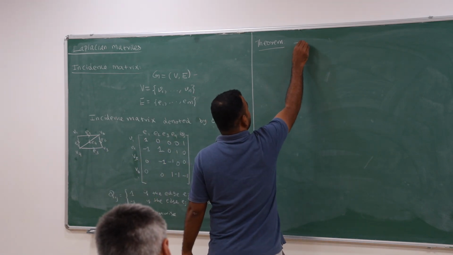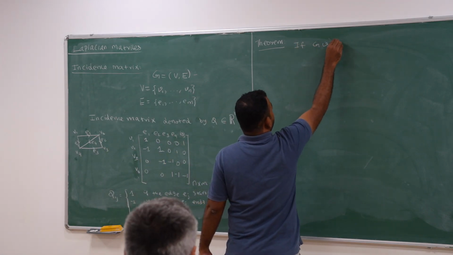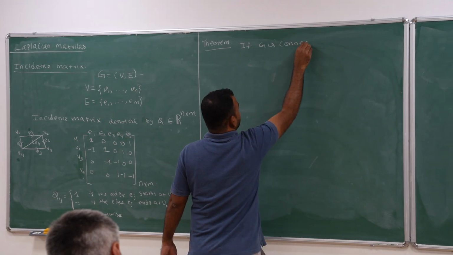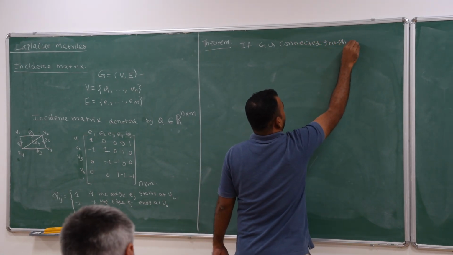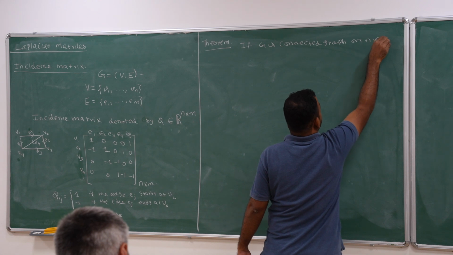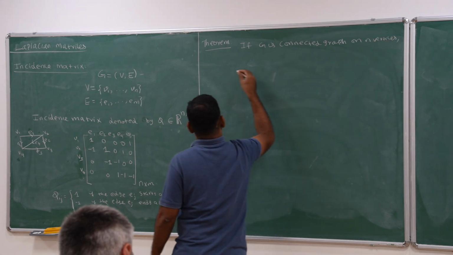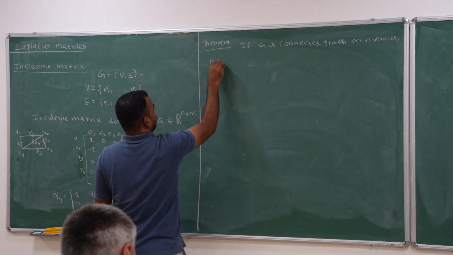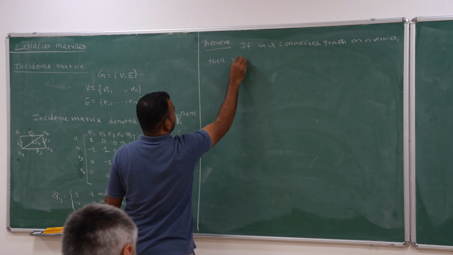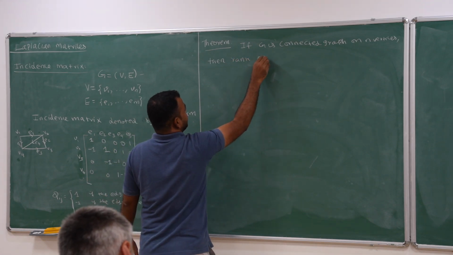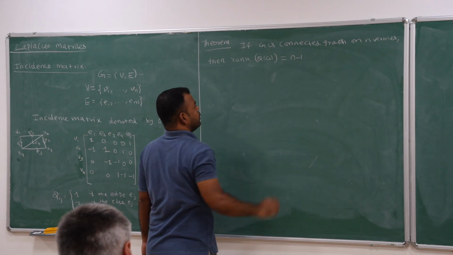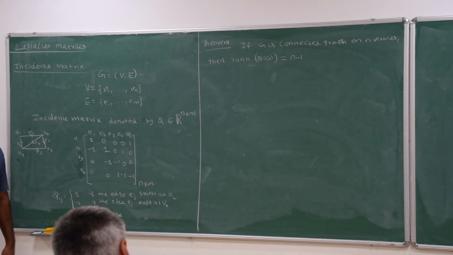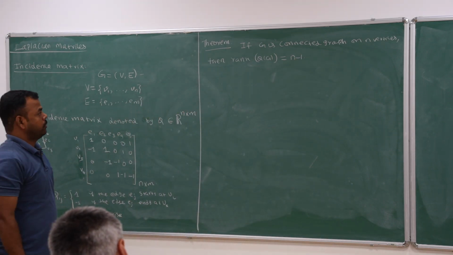If G is a connected graph on n vertices, then the rank of the incidence matrix is equal to n minus 1.